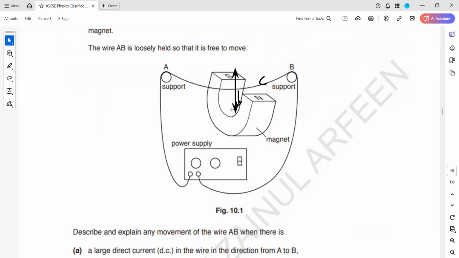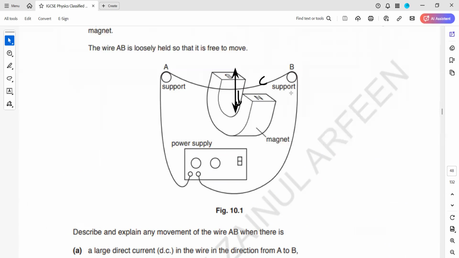This is what happens in the cone of a loudspeaker. The cone of a loudspeaker contains very fine wires in the membrane. When an alternating current is passed, that current produces a magnetic field which interacts with the magnetic field of a permanent magnet, and that causes a vibration of the cone.